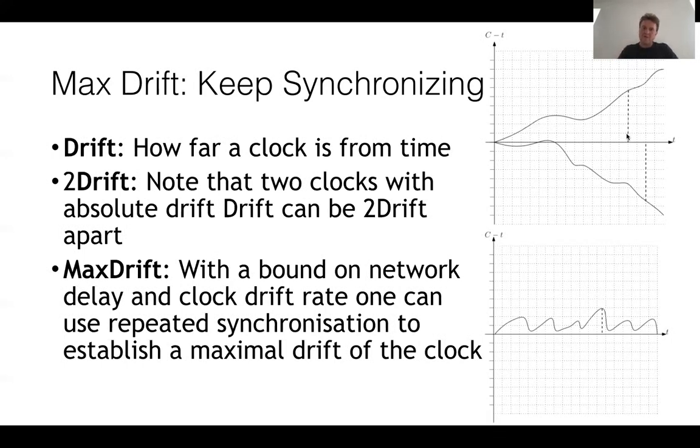Basically, what we would like to do with clock synchronization is synchronize often enough that we keep the clock close to physical time. And then the maximal drift away from it, this is what we sometimes call the max drift of the system. If we have a good model of how much our clocks could drift, we can also calculate how much they will drift in some time period.